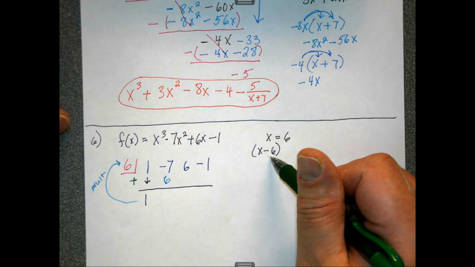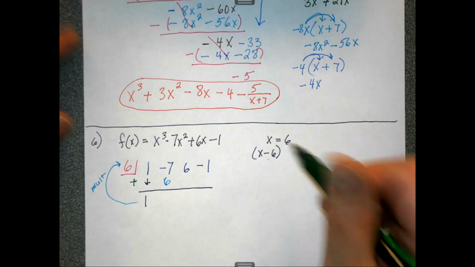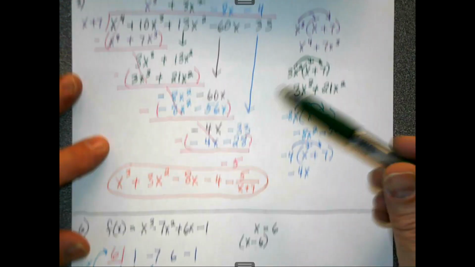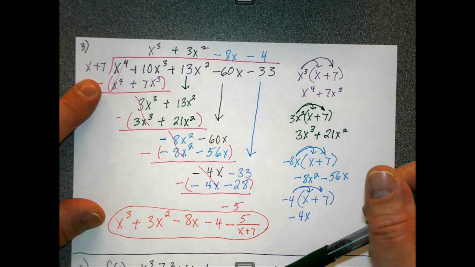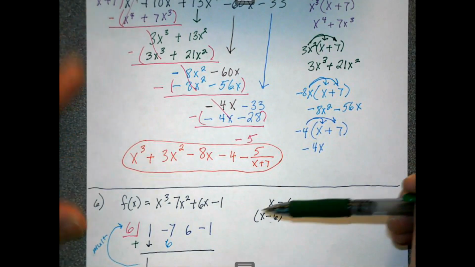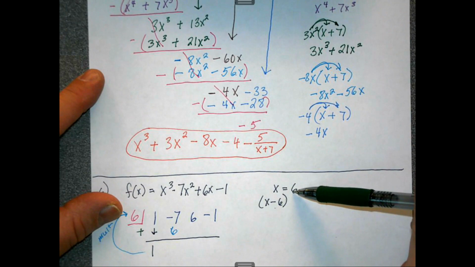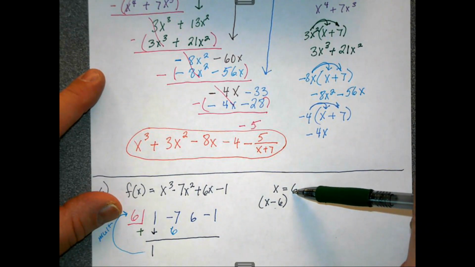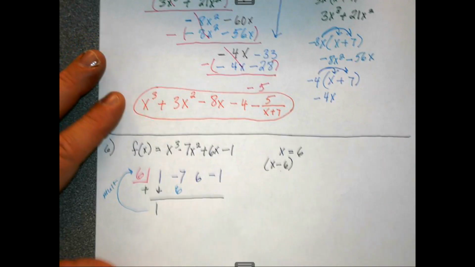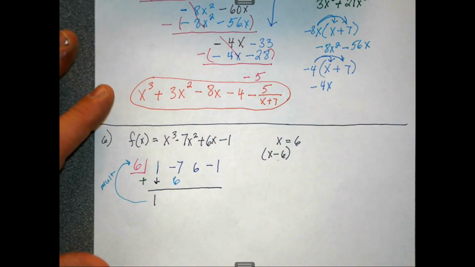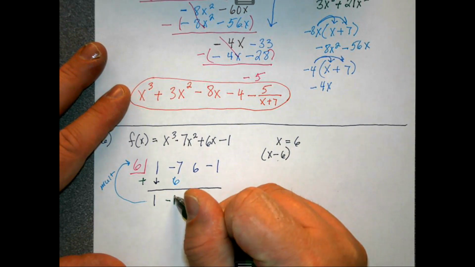That's my factor. If I were to use long division, I would need my factor. When you do synthetic division, you need the actual value of x. Okay. Negative 7 plus 6 is negative 1.